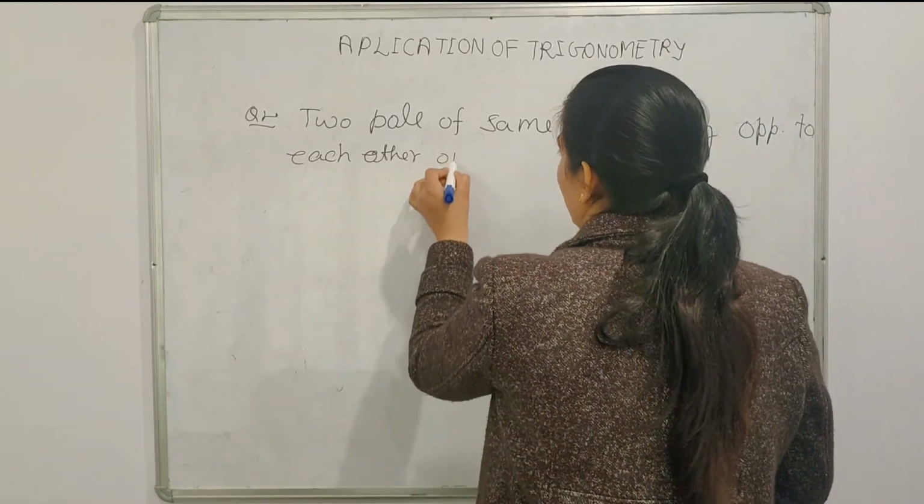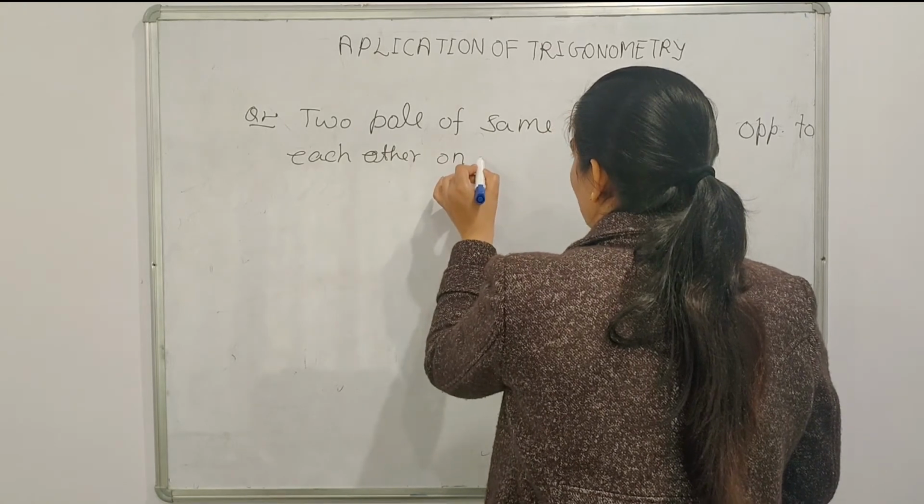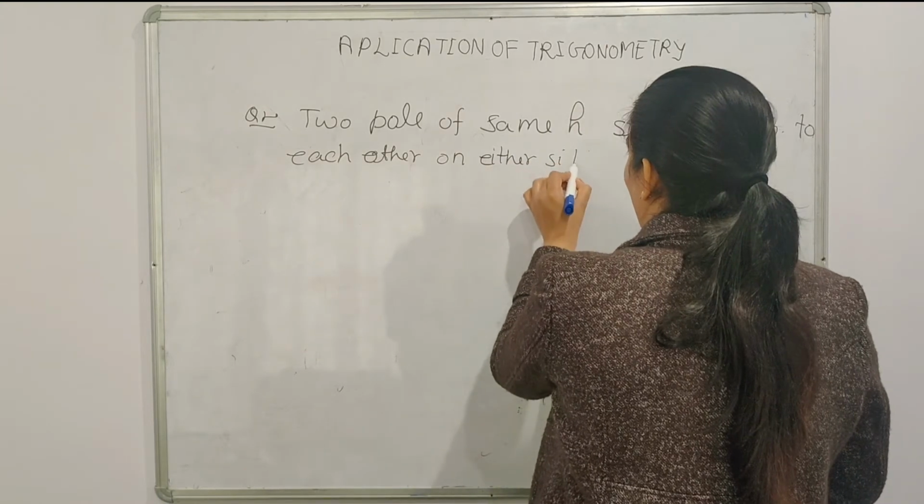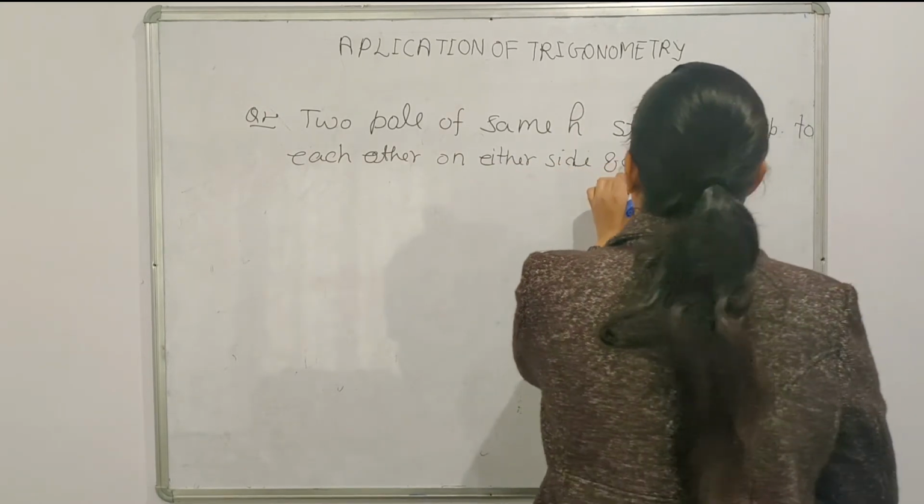So on the bank of the road, you can say on either side of an 80 meter wide road.